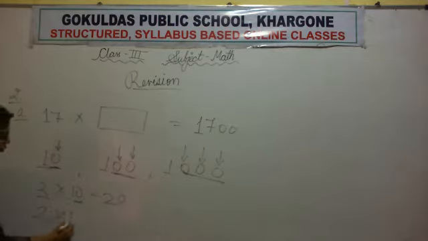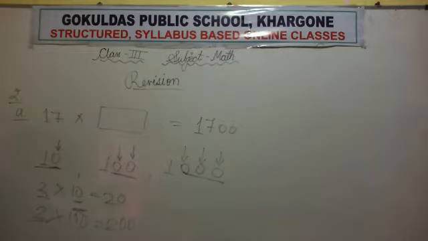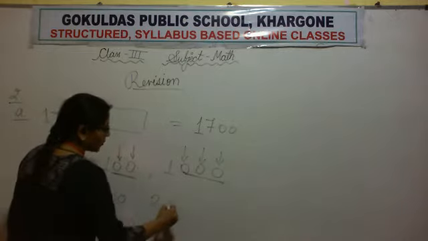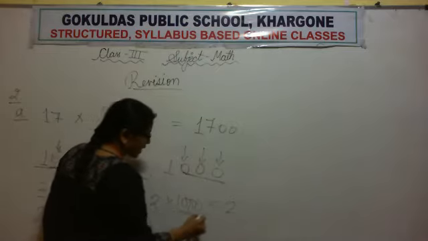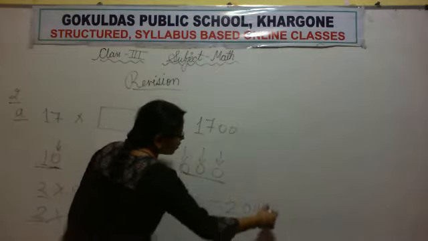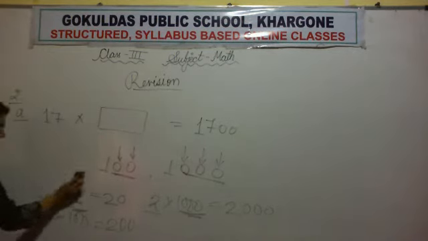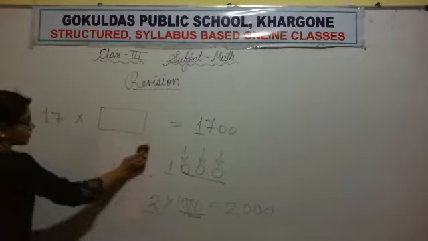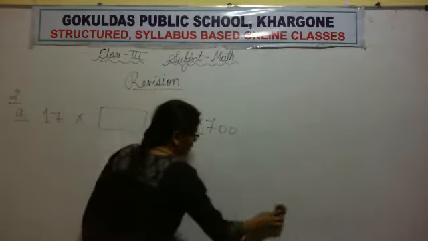If we are multiplying 2 with 100, we will write 2 as it is and since 2 zeros are here, we will put 2 zeros. If we are multiplying 2 by 1000, then we will write 2 as it is and these 3 zeros we will put as it is. So this we learned in our previous lectures. So the question is based on multiply by 10, 100 or 1000.